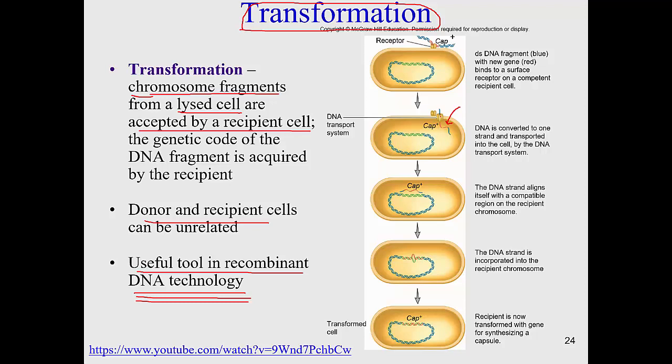There are transporters that are going to let them in. That's what they are, but don't worry about it. So here is a piece of DNA that's coming through. Now it's inside the cell, and then it's going to be copied and incorporated inside the chromosome. Okay, and now this cell can express that DNA as though it was part of it.